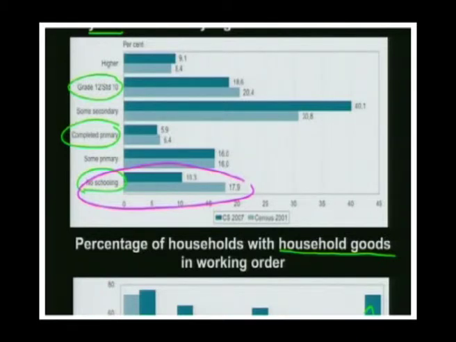And let's make sure that we've got the right thing. The bottom one is 2001 and the top one is 2007. So from 2001 to 2007, the amount of people that had no schooling at all has decreased. This is fantastic. It means that people who are completely illiterate have decreased.